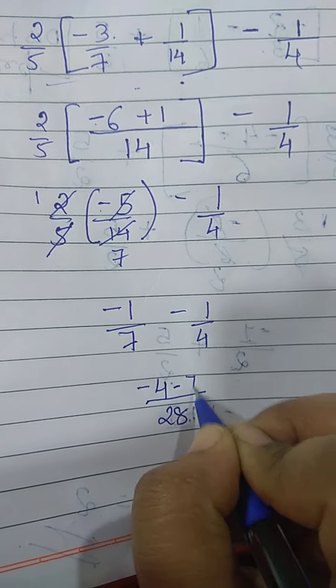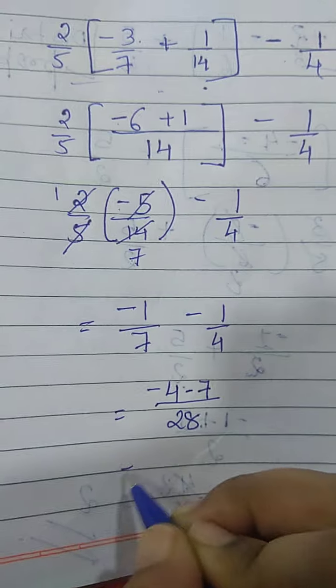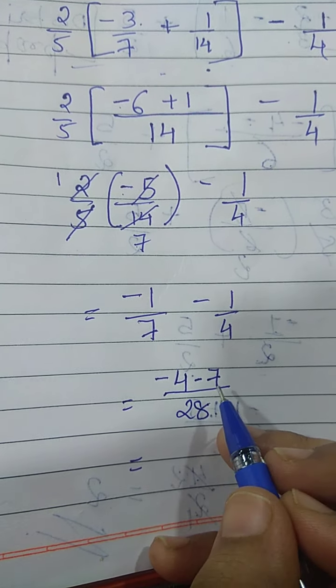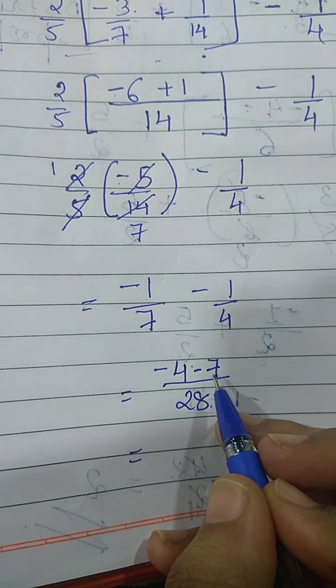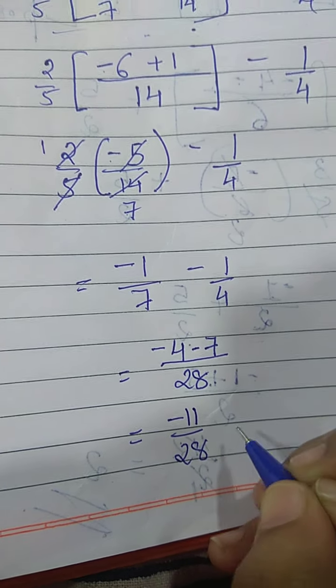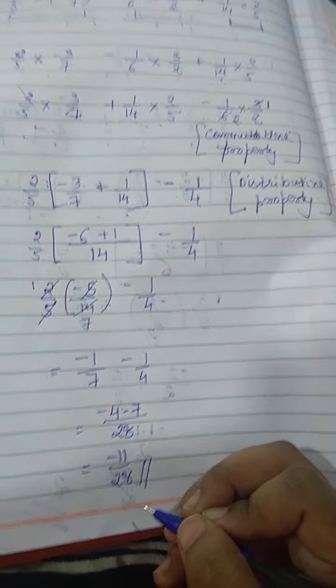Minus 4 minus 7. This is equal to minus minus plus. 4 plus 7 is 11, and greater number sign is minus. So minus 11 upon 28. You cannot cancel this. So the final answer is minus 11 upon 28.